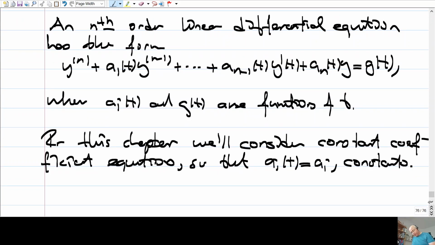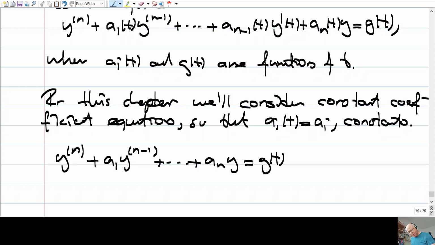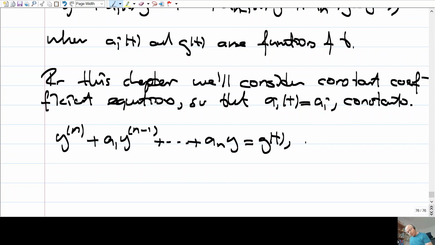So our equation has this form then: some constant times the n minus first derivative, and so on, but g(t) is still a function of t. So the a_i's are constants. They can be real or complex.